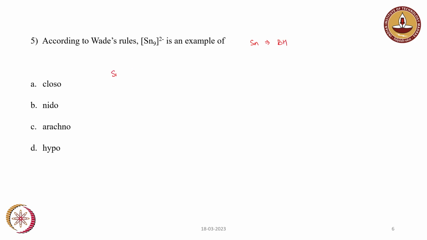So Sn9 2 minus will be equivalent to BH 9 times 2 minus, which is B9H9 2 minus, and SCP will be 9 borons plus 9 hydrogen plus 2 negative charges minus 9 BH groups divided by 2.